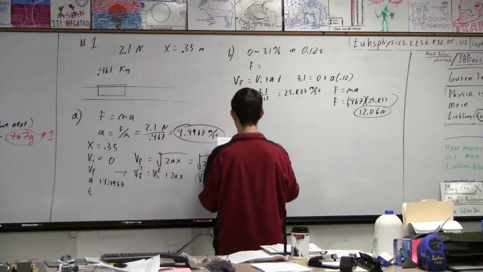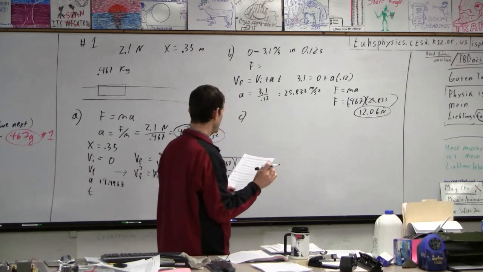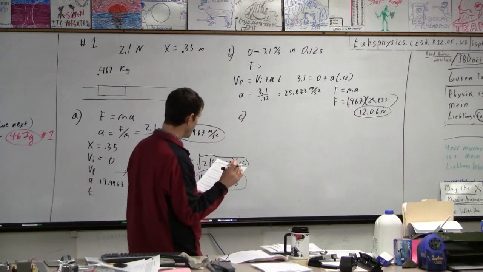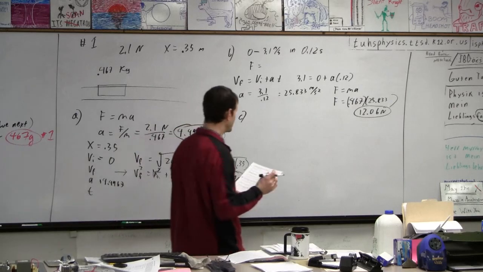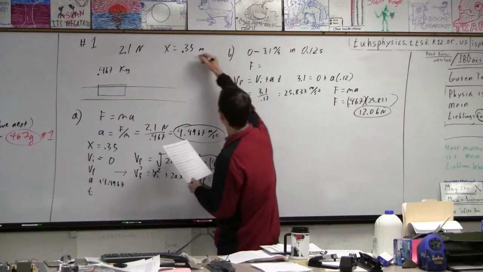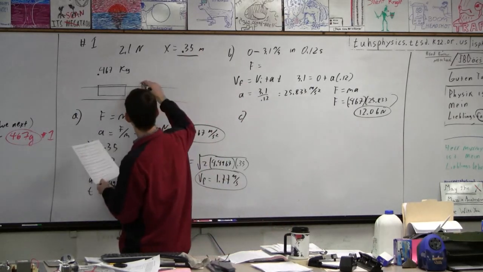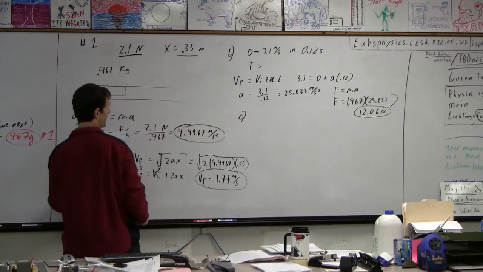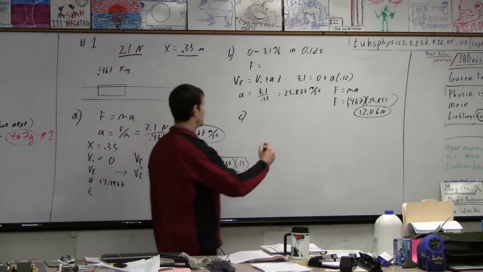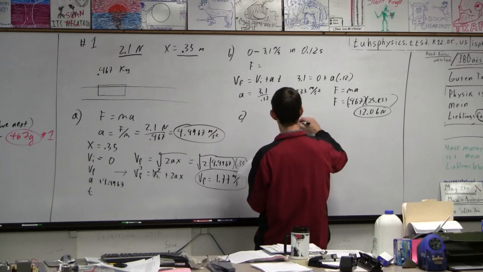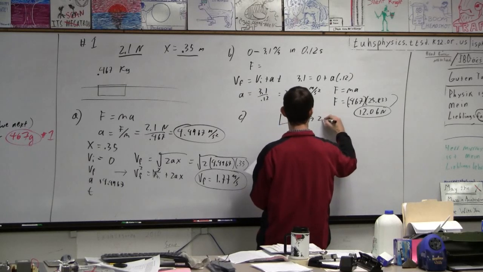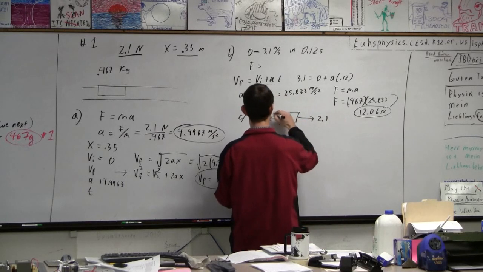And then C says, if there had been a force of 0.7 newtons opposing the 2.1 newton force, what would have been the final velocity? This force is now opposed, so for C, I think our diagram is like this. We've got 2.1 newtons this way and 0.7 this way.